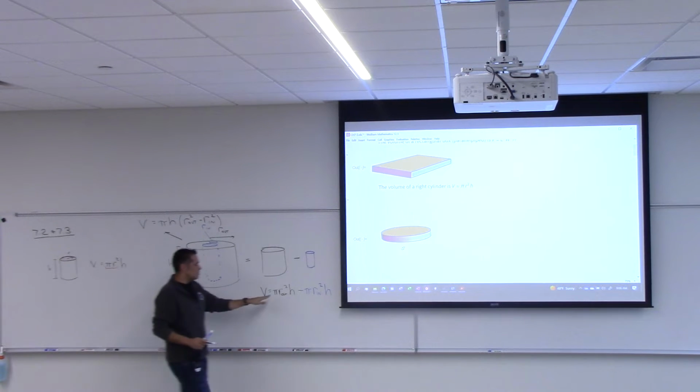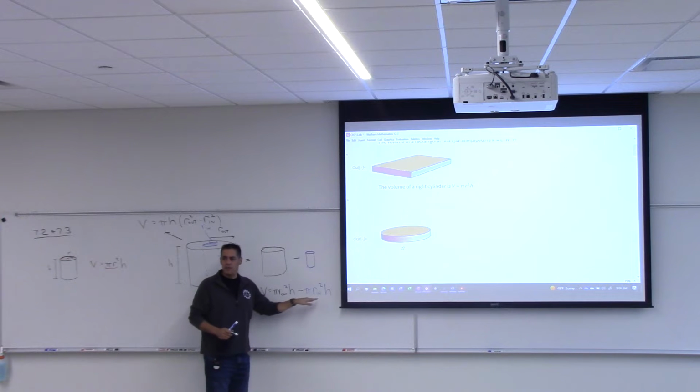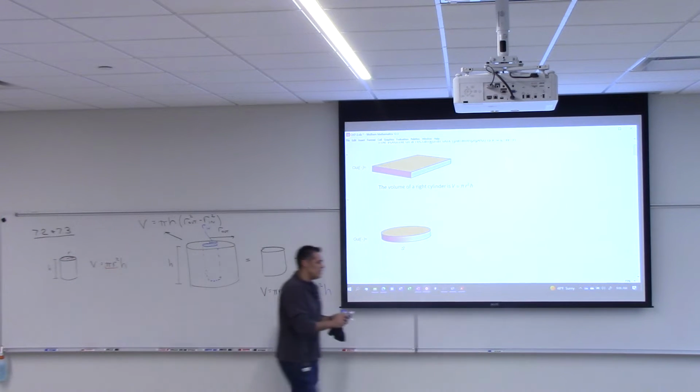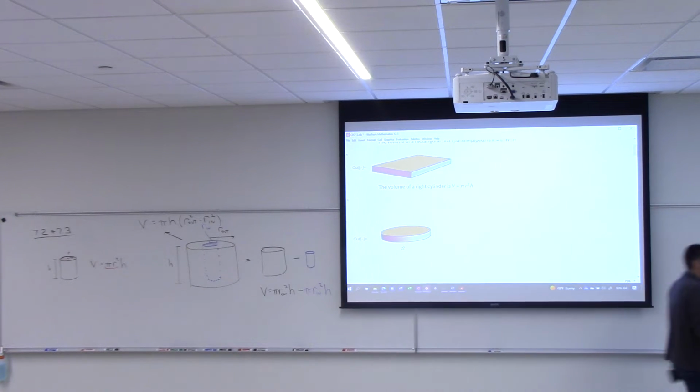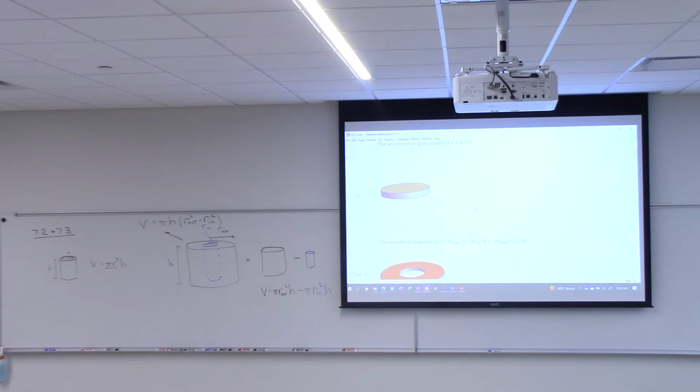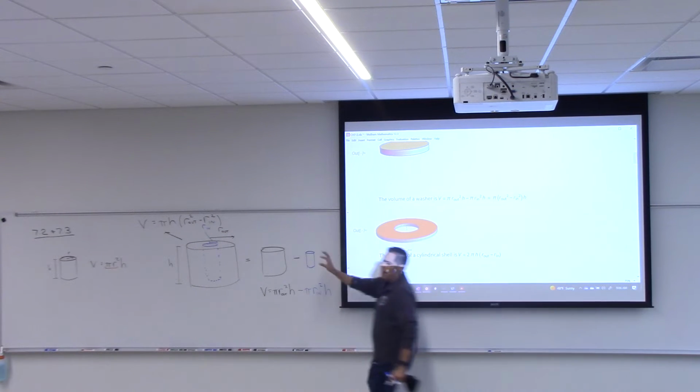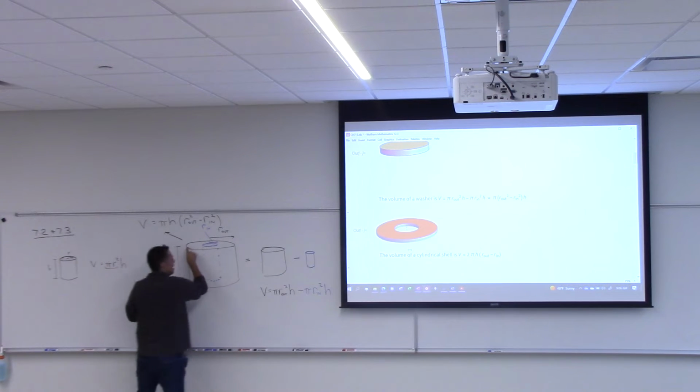That's what I get if I factor out a pi and an h from both of those. That's what's in the notes here. Now, my picture's a little different, but it's the same thing. I just happen to use a very small h.